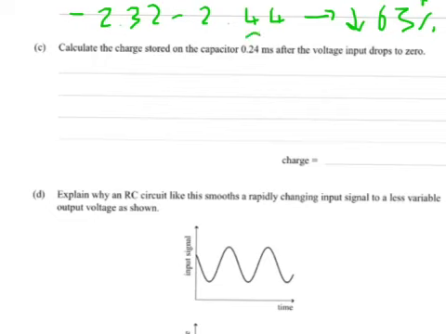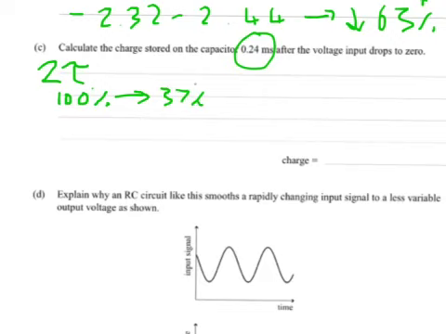Okay, C, calculate the charge stored on the capacitor 0.24 milliseconds after the input voltage drops to 0, so that's 2 time constants. That means we're going from 100%, one time constant takes us to 37%, which is 0.37 as a decimal, and then we go down to 37% of 37%, so that would be 0.37 times 0.37.